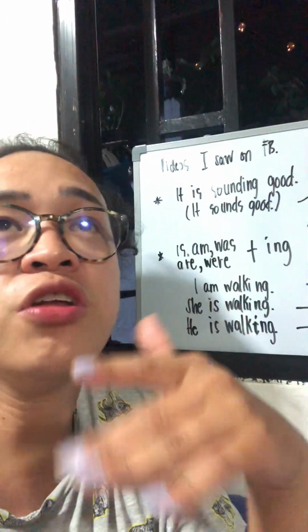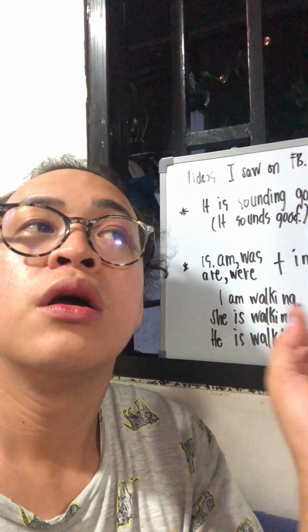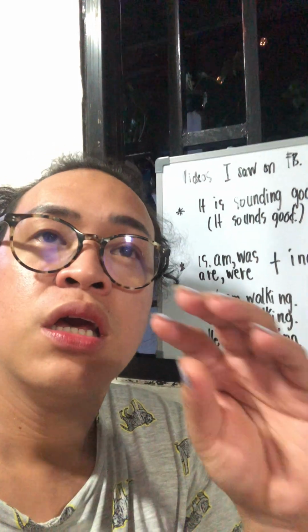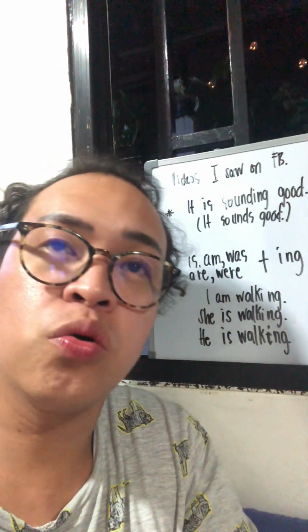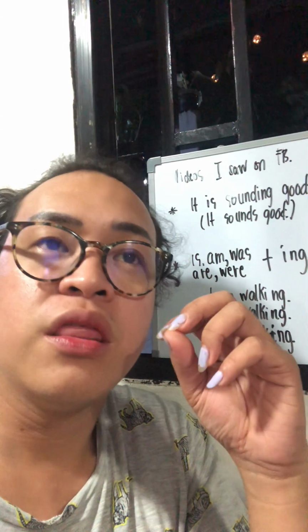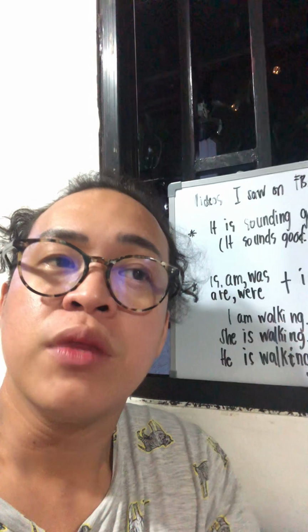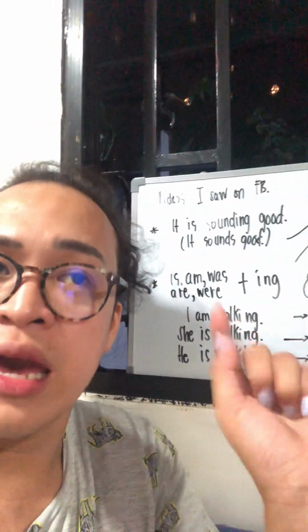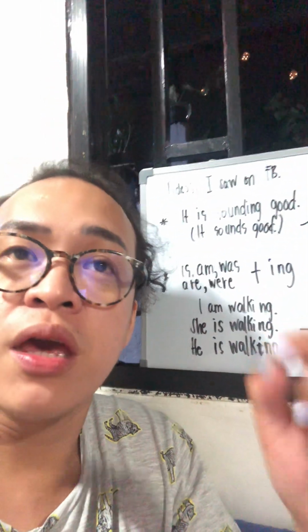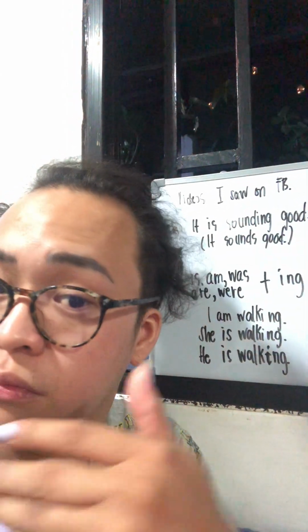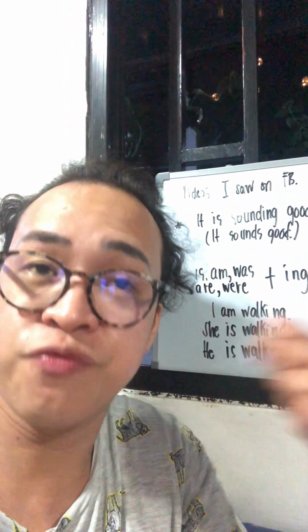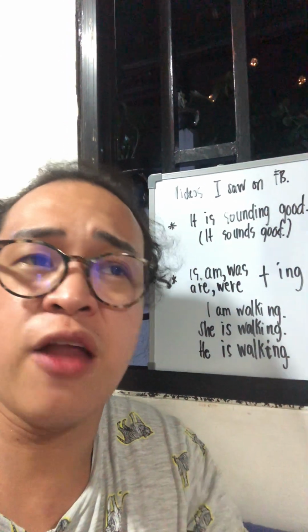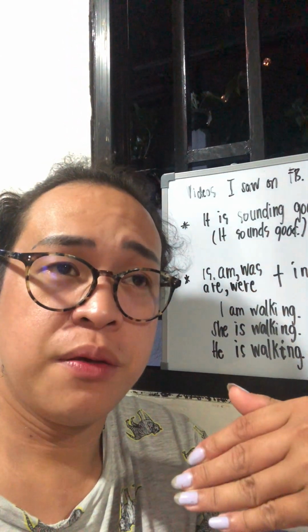Actually the video of that uploader is correct, but the problem was he generalized, or he did not inform the viewers or his followers that it's not always the case that is is followed by ing, because sometimes, is can also be followed by the past participle of the main verb.